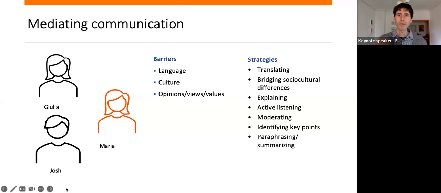But somebody who's acting in the role of a mediator, depending on the type of communication barrier they're trying to overcome, might need to do some explaining. They might need to give examples to help another person understand something better. They might be doing some summarizing, listening for the key information and then passing that on to the other person in order to make it easier to understand.